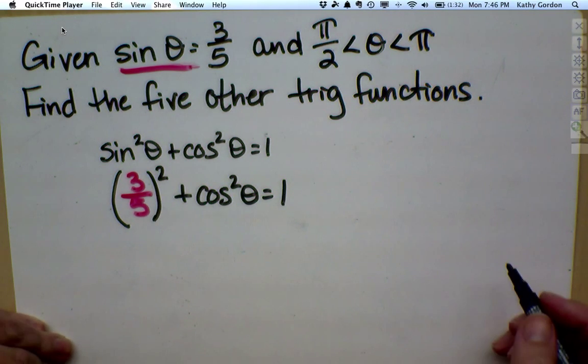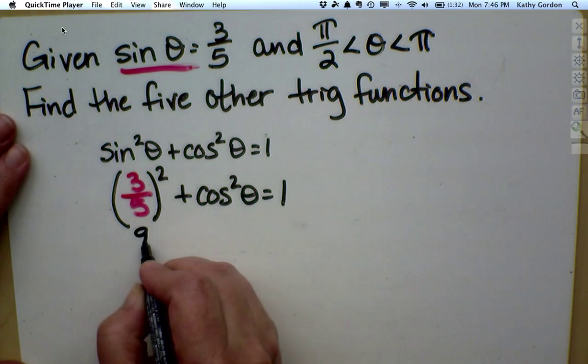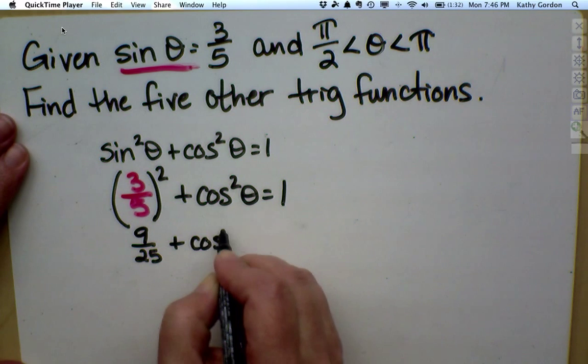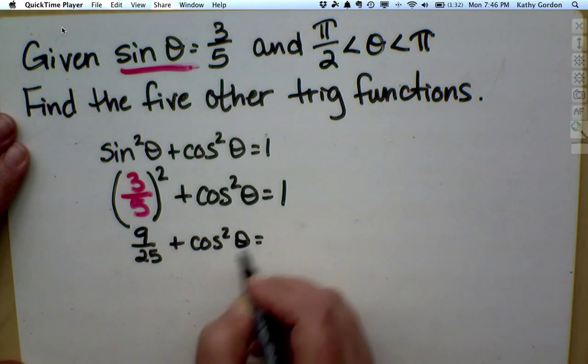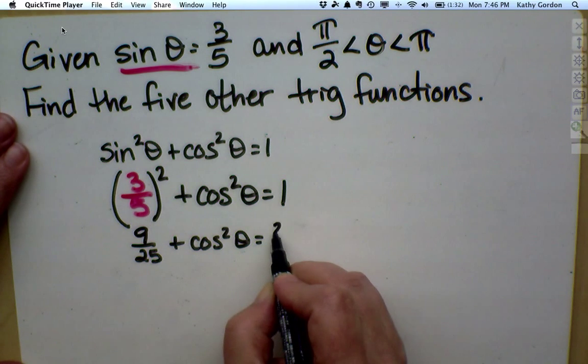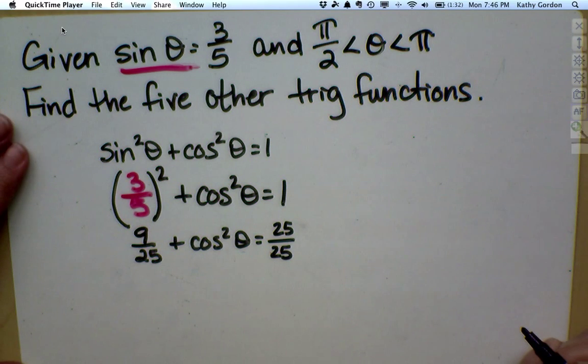Well, 3/5 squared is going to give us 9/25. And since I'm going to want to subtract the 9/25 from the 1, I might want to think about my 1 in terms of 25ths.